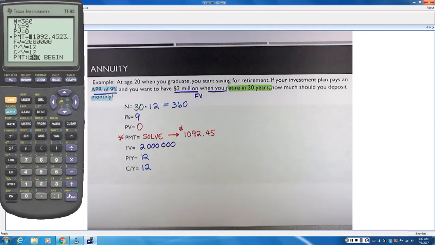It always is at the end unless they tell you otherwise. So go ahead and hit enter there. But when you want to solve the payment, you're sitting on the payment and the alpha button and the enter button solves. So you go back up and solve for it there. Okay?